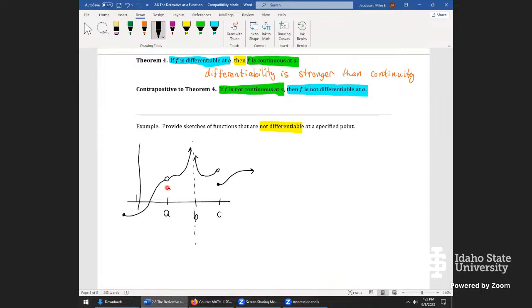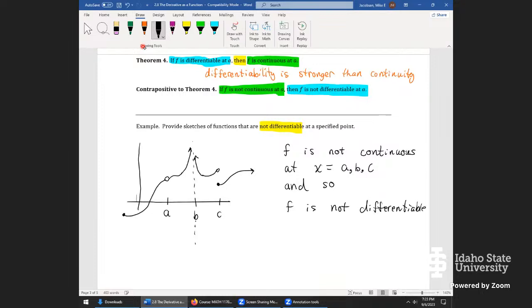So we'd have three discontinuities, and now we can say F is not continuous at x equals A, B, C, and so F is not differentiable at those values. So that's one way we can lose differentiability. Damage continuity, and then we have a big problem. Any questions about that so far, folks?